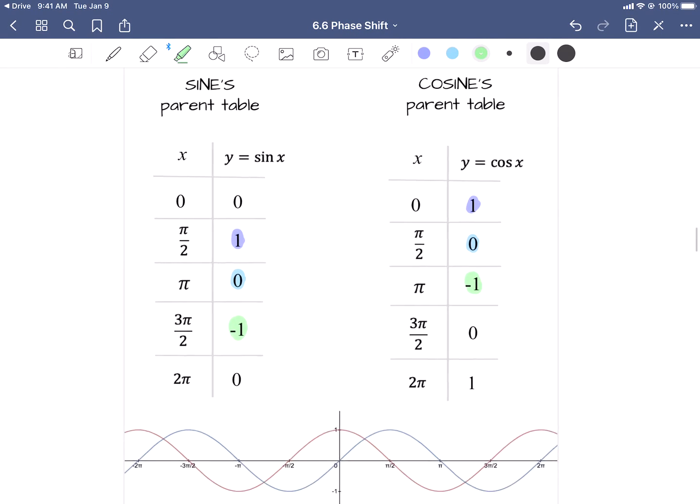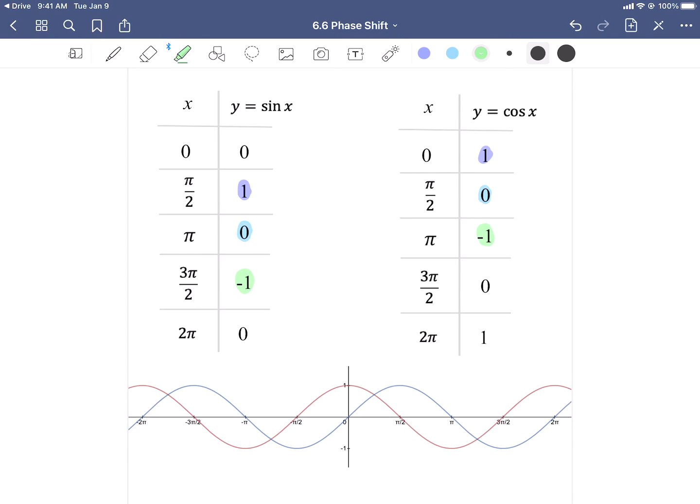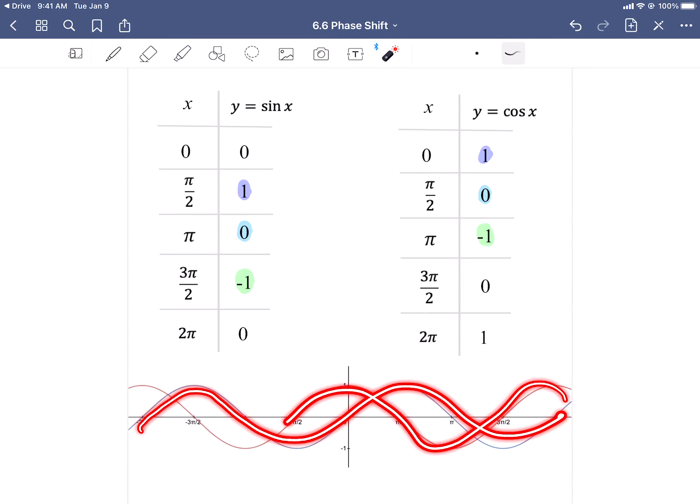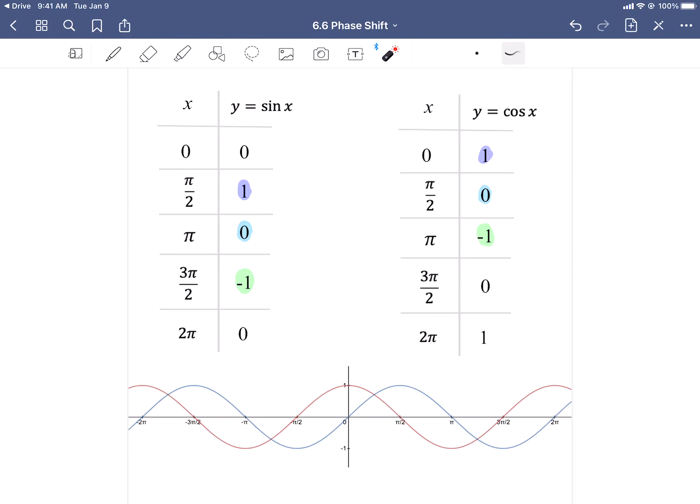Okay, and I showed you that if I moved one of them, I would get the other one. But how much would I have to move it? They're a half a pi from being the same. So if I move the red one to the right, it would sit on the blue. If I move the blue one to the left a half a pi, it would sit on the red.